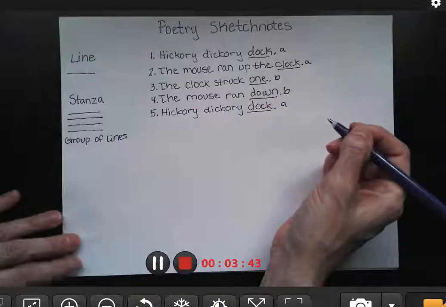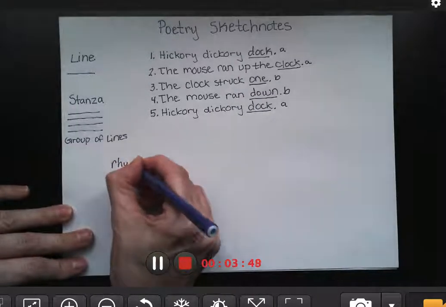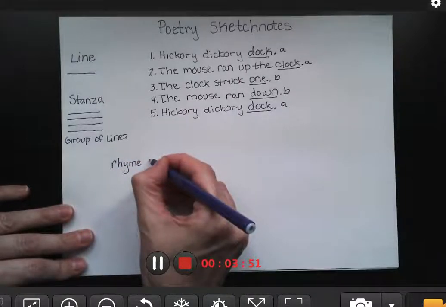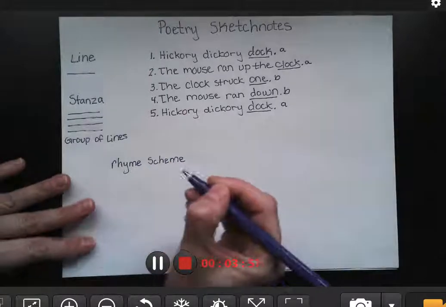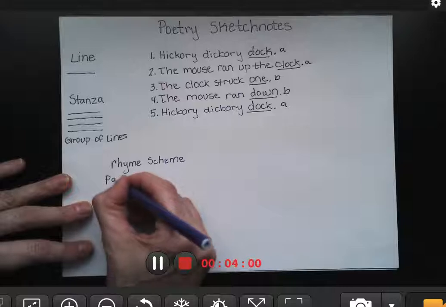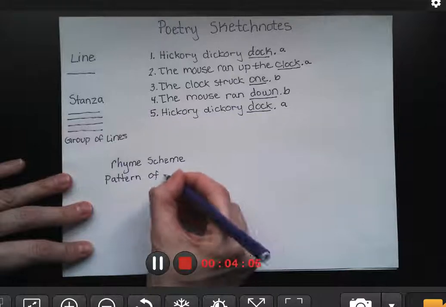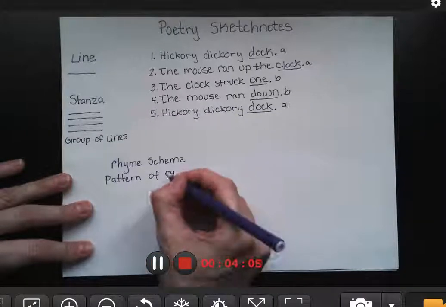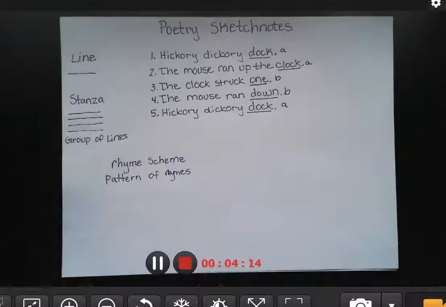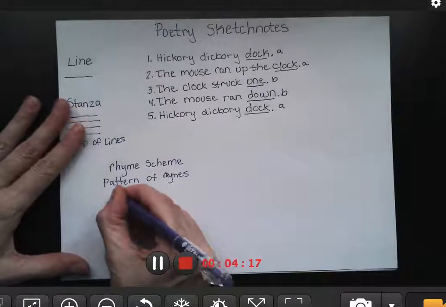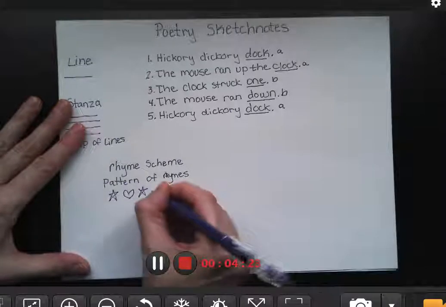We call this our rhyme scheme. A rhyme scheme is a pattern of rhymes. We've learned what patterns are. For instance, a star, a heart, a star, a heart.